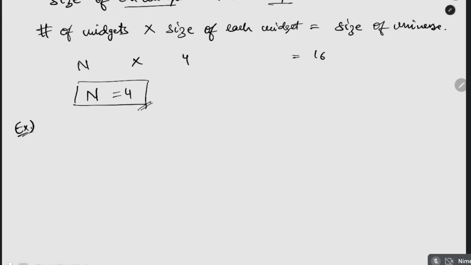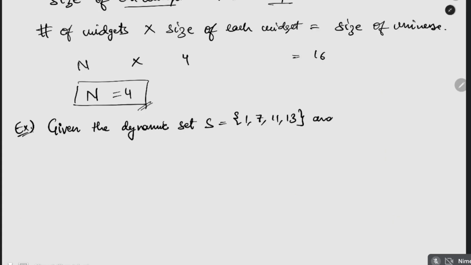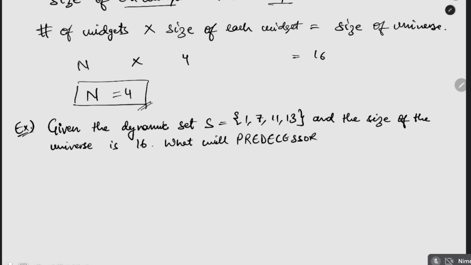Let's take another example. Given the dynamic set S as 1, 7, 11, 13, and the size of the universe is 16, what will the operation predecessor of 9 return?